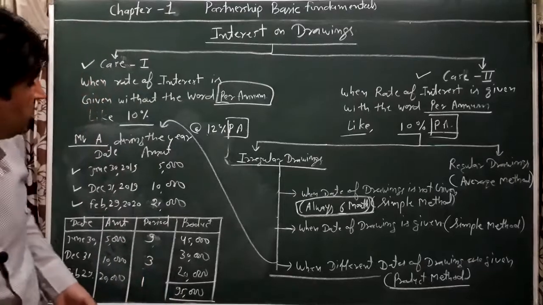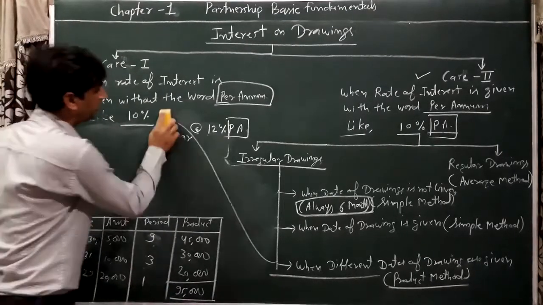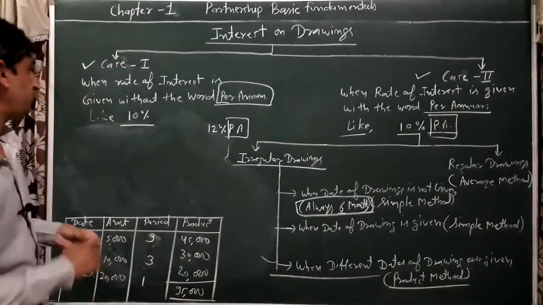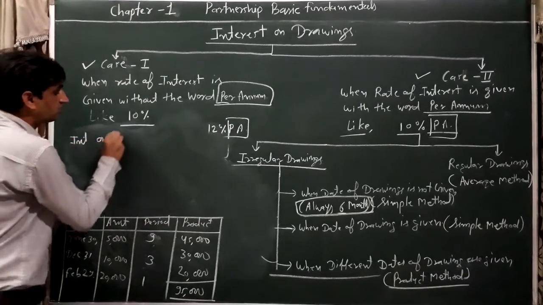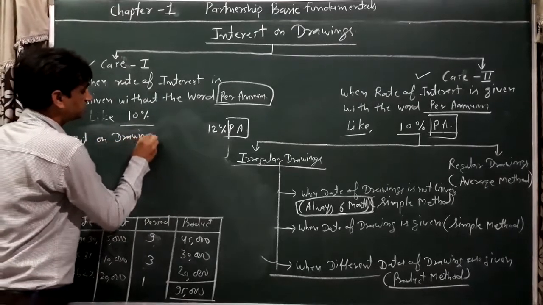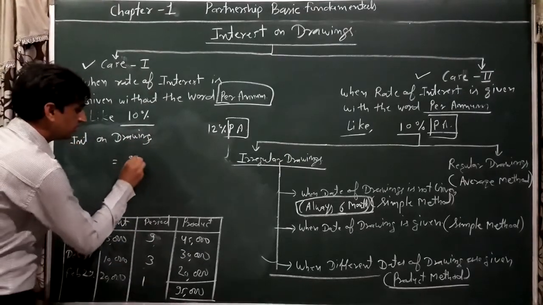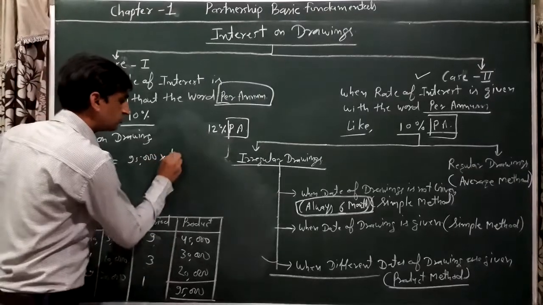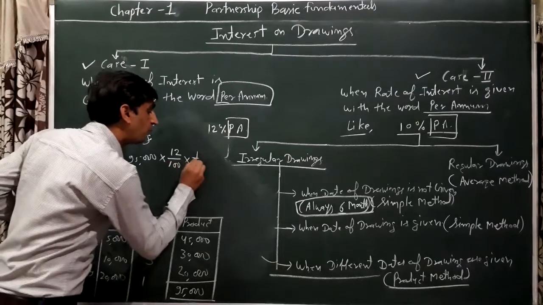Now we will calculate the interest. Interest on drawings will be product 95,000 into rate of interest 12 upon 100 into 1 upon 12.